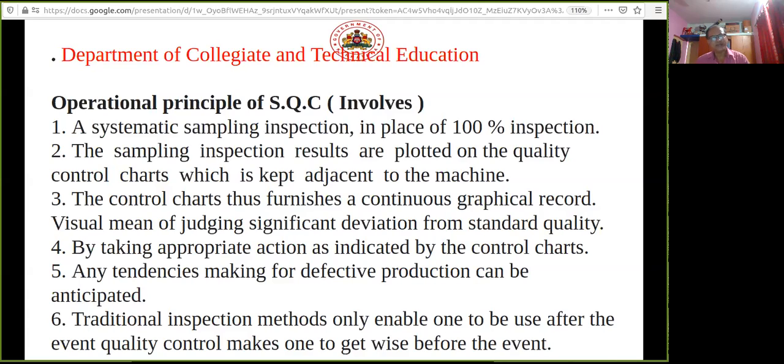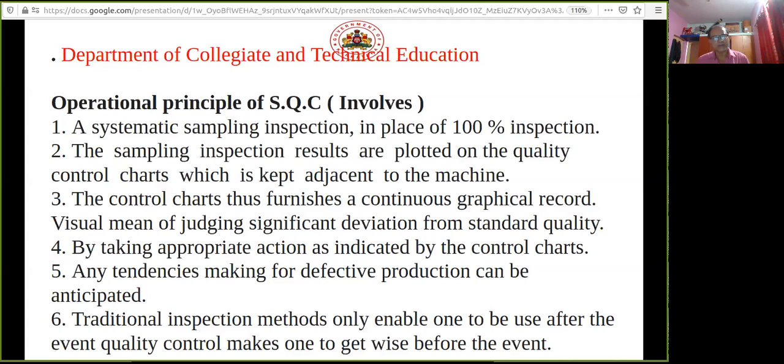So that is the second operational objective. The first operational objective is using sample inspection, which is selecting a few items from the output, and then the sampling inspection results are plotted on the control charts that will be pasted adjacent to the machines. So that is the second point.